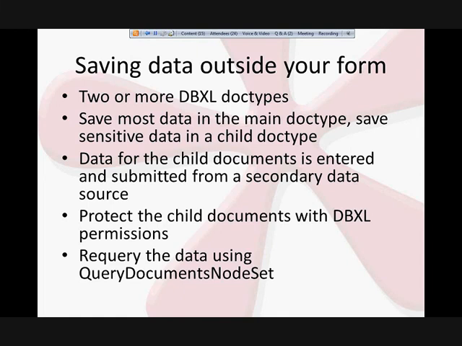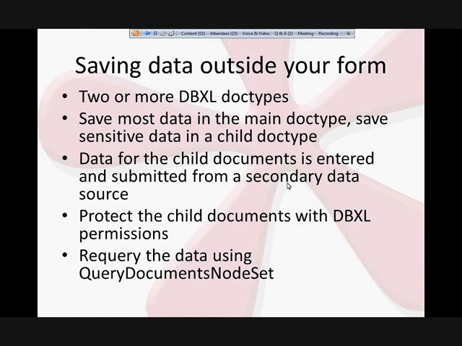And when they submit their data, the secondary data source goes off to one DBXL doctype, and the main data source goes to the main DBXL doctype, and so the data is in two places. You can restrict access to the child doctype and make the parent doctype a little more accessible so that people can open it and modify values in it when they need to.